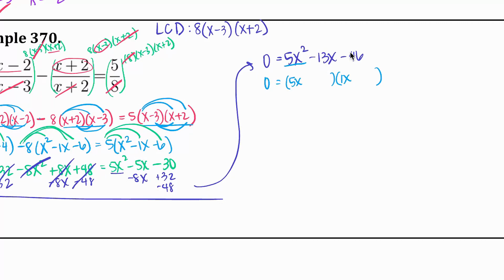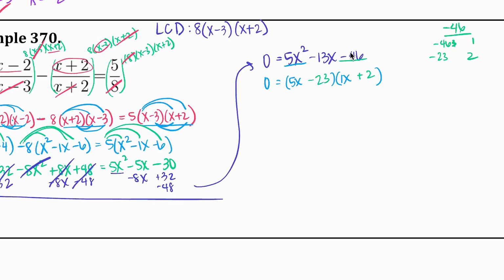So now if we think about what these can be, we need to think of ways that we can multiply to give us negative 46. We could do negative 46 and 1. We could do negative 23 and 2. So let's just kind of guess and check here. I'm going to say, let's do a minus 23 and a positive 2.